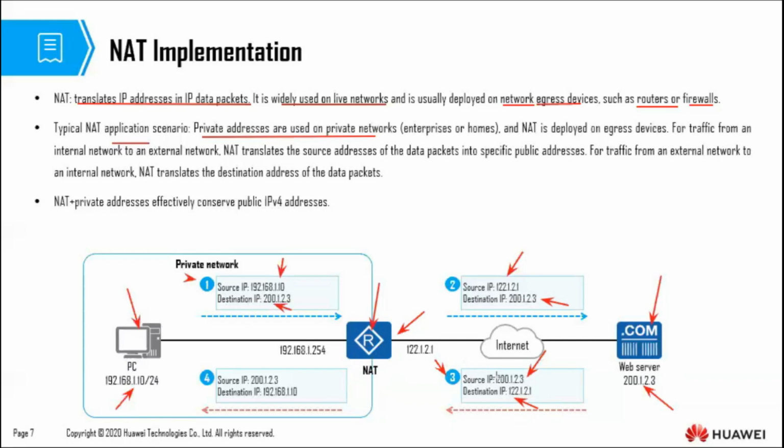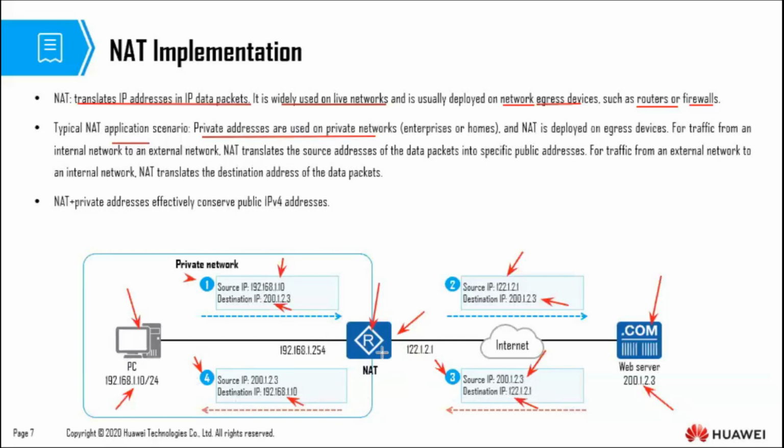But when it receives that with the destination IP address of 122.1.2.1, it's going to change it on step number 4 here to 192.168.1.10 before sending it out to the internal network. So are you seeing that is what we call NATing? That translation between private and public, and public and private when it's coming back.